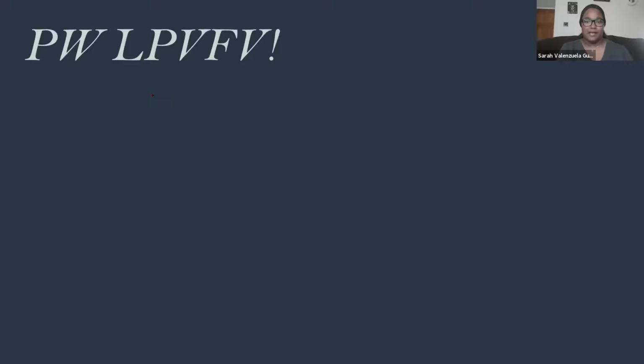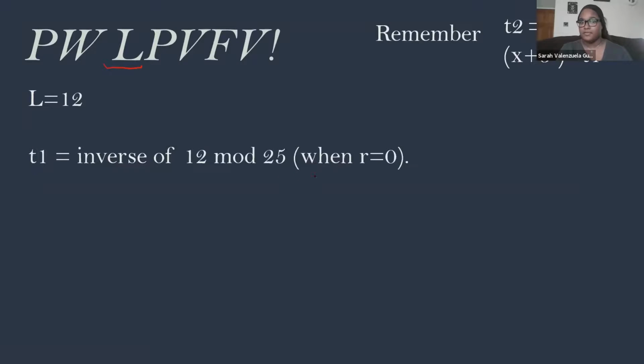Now, let's see what happens in the next slide. We have our message. Then we have our little reminder there. We're calculating the inverse of L, whose value is 12. We know that T1 is going to be the inverse of 12 modulus 25, when the remainder is equal to 0. But if you recall, the inverse of 23 in modulus 25 from the previous slide is equal to 12.